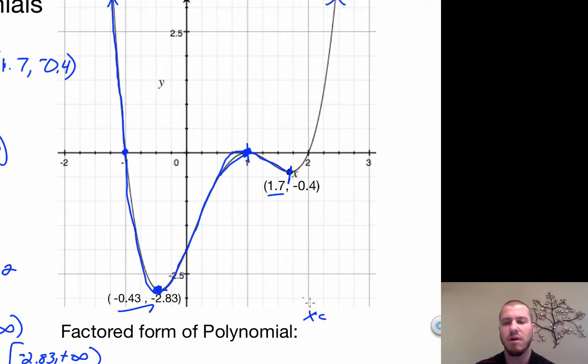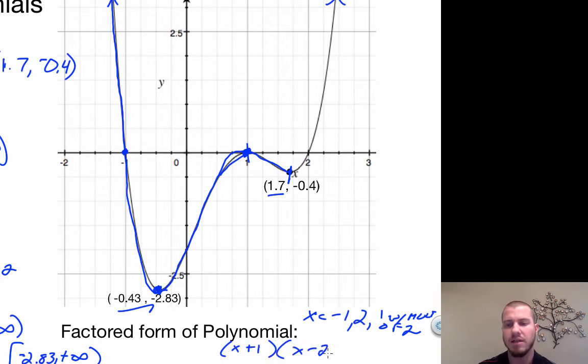So I have a 0 at -1, +2, and +1, but remember the +1 is with a multiplicity of 2. So to write it in factored form, I have x plus 1, x minus 2, and x minus 1, and that's going to be squared. And this is the factored form of this polynomial graph.